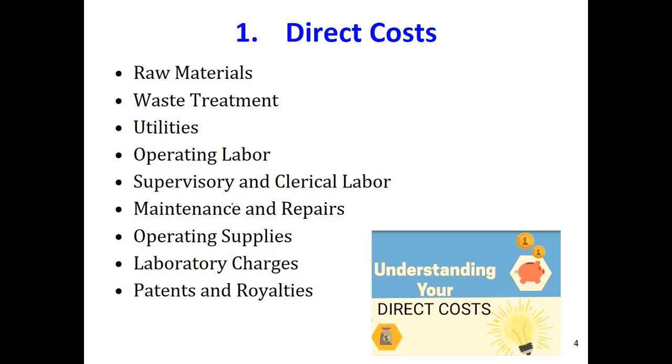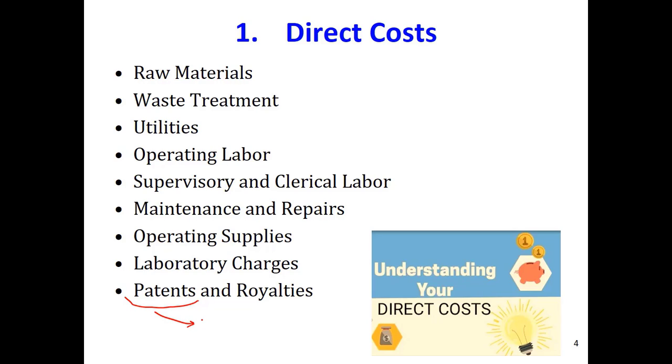So let's say you are producing a product, either for the first time, or there is a product already being produced by another company and you want to produce that product.